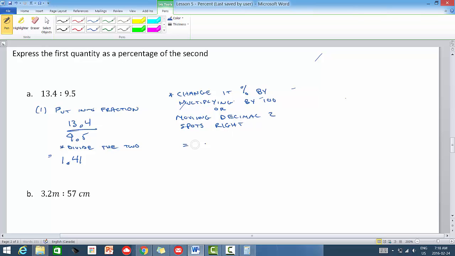So what this becomes is 141%. Okay, so therefore, the way we would read this, therefore 13.4 is 141% of 9.5.